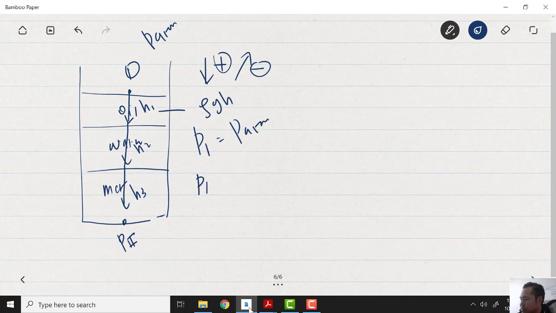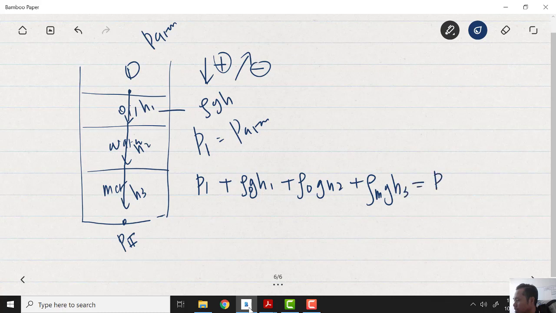So P1 plus rho oil g H1, plus rho water g H2, plus rho mercury g H3 equals P2. Why plus? Because the arrow is moving downward.